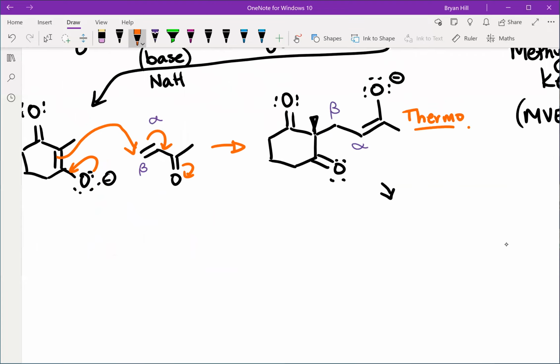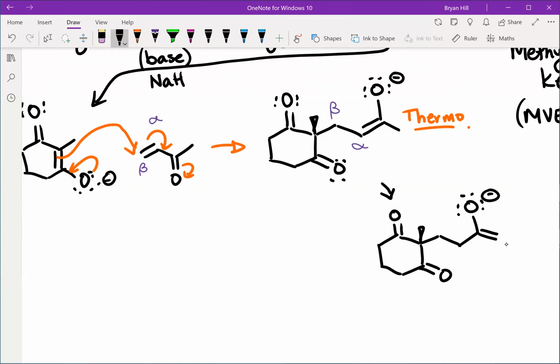This can be converted into the kinetic enolate, and when it does, something interesting is going to happen here. So how would this happen?